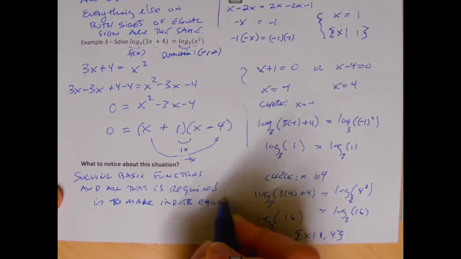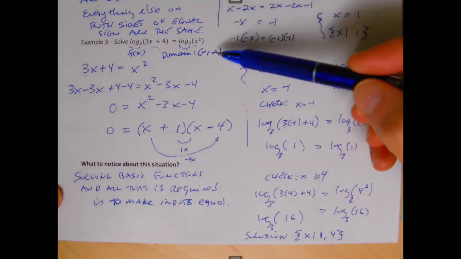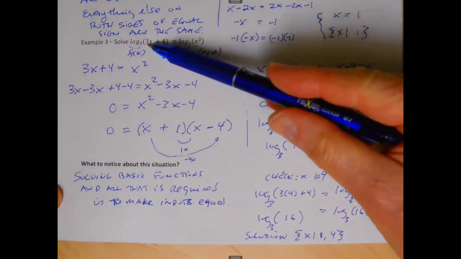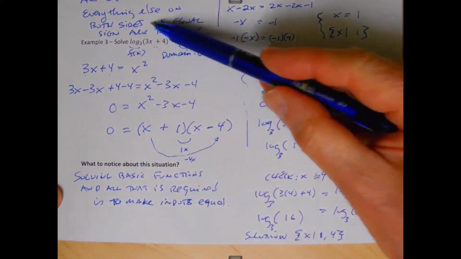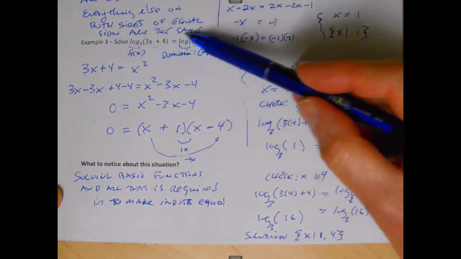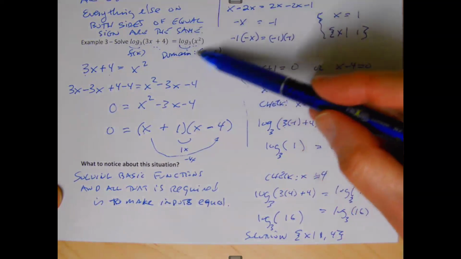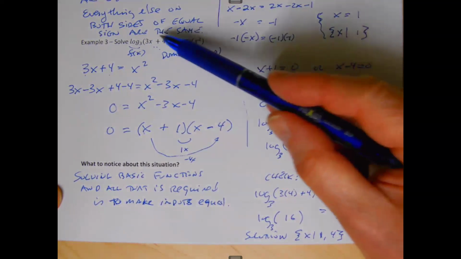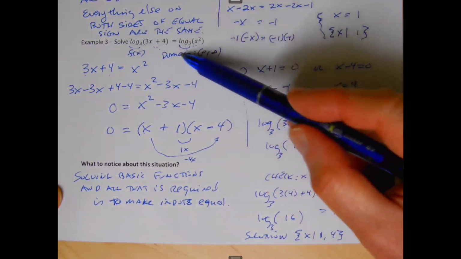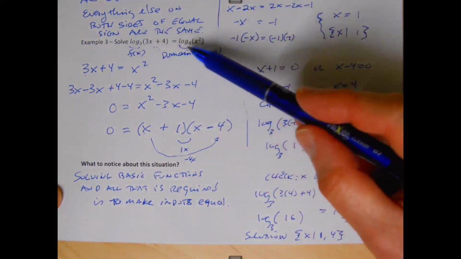But in order to recognize that, you need to recognize what I'm talking about. So again, this is just a basic function, log 3 of something is being composed, but on the outside part, it's simple, right? I'm not transforming the outside. I am transforming the inside, but then that's okay because the outside is nice and clean. I don't have to worry about that. I can just make the inputs equal to each other.